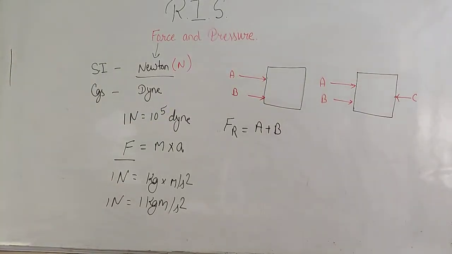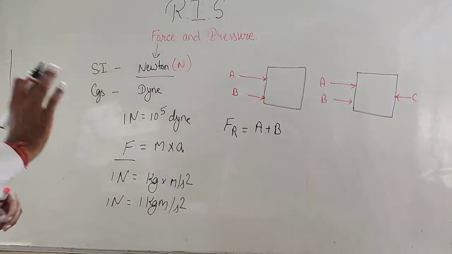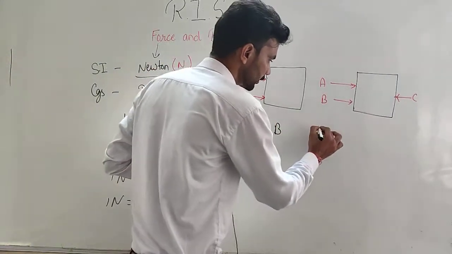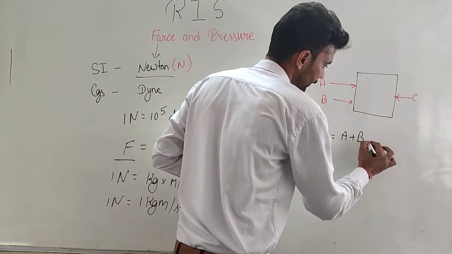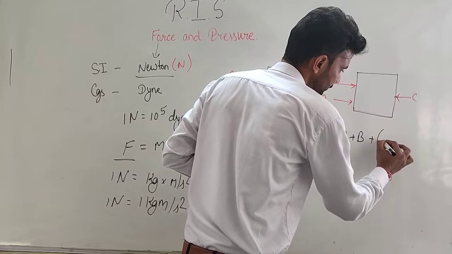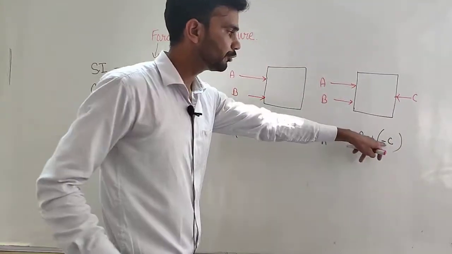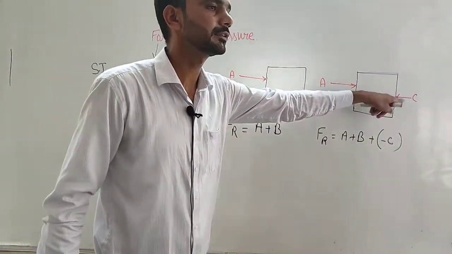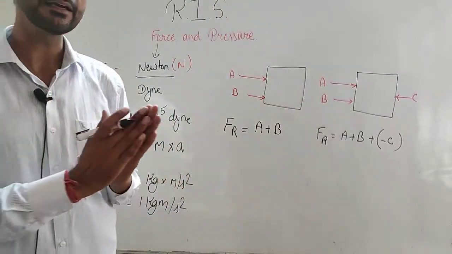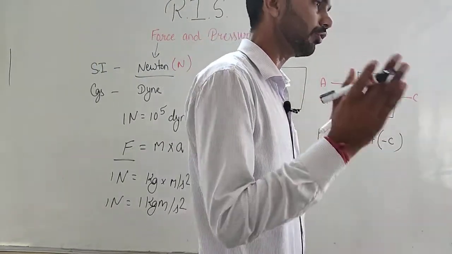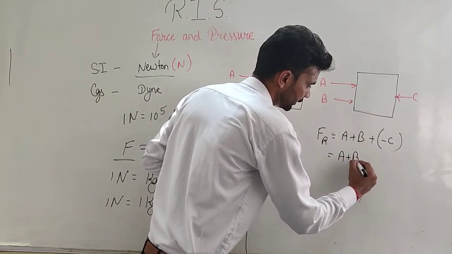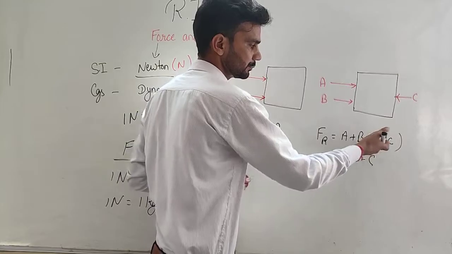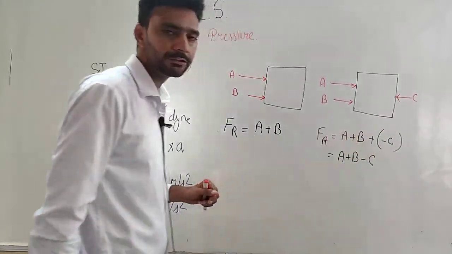To find the resultant force, we have to add all the forces which are exerted on an object. So the resultant force will be force A plus force B, and this will be plus minus C. Why do we use this minus sign? Because this force is exerted in the opposite direction. You have to take one side's forces as positive and the other side's as negative. So what will be the result? A plus B minus C.